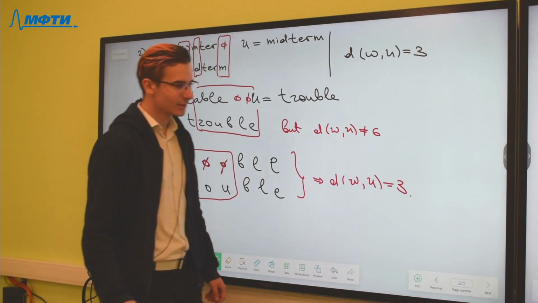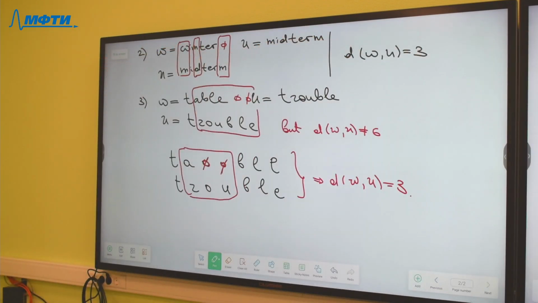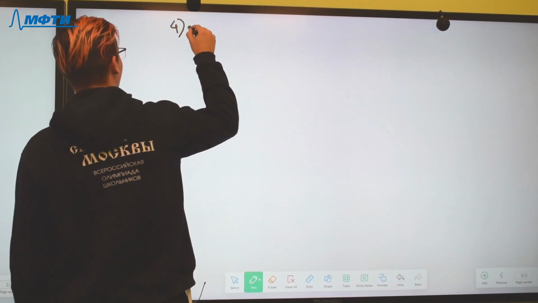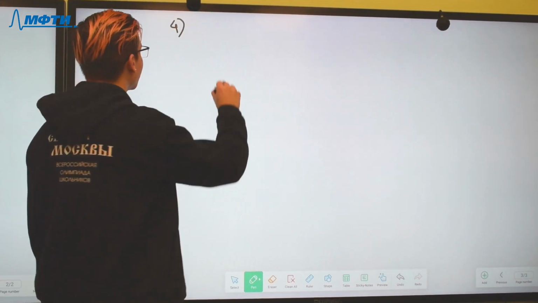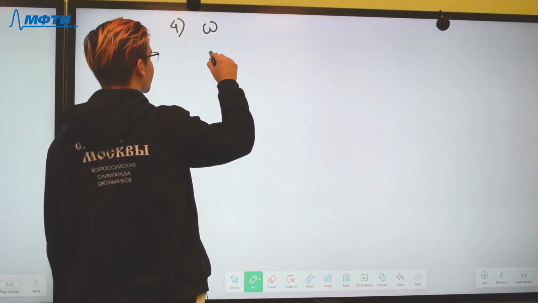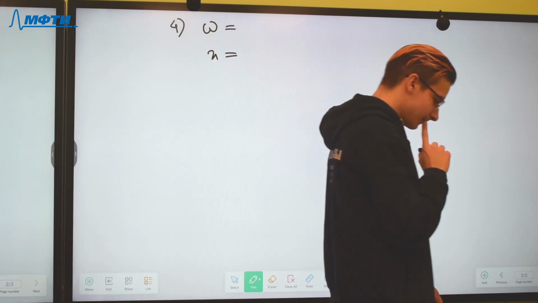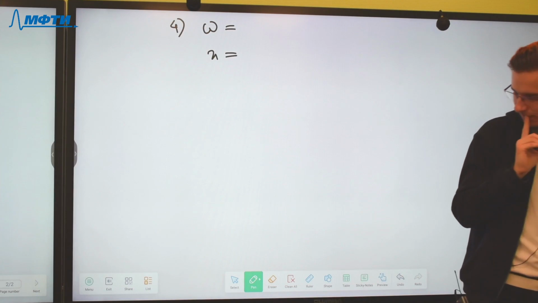So I need to make a fourth example, I think. Fourth example with two words.